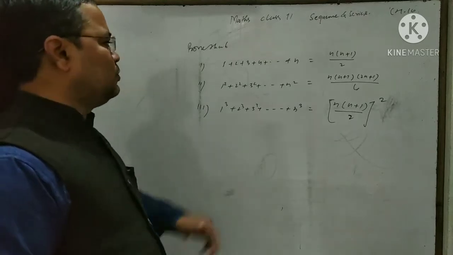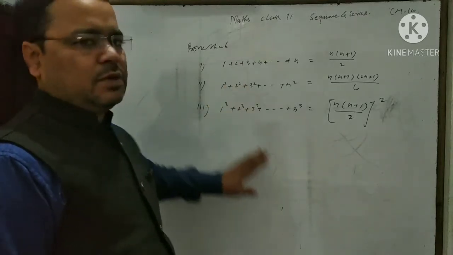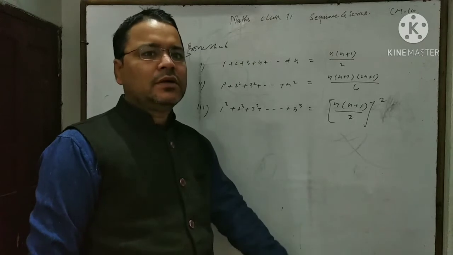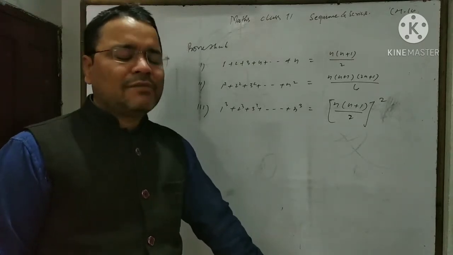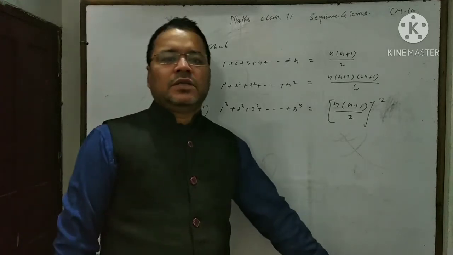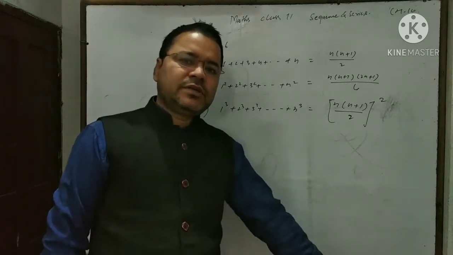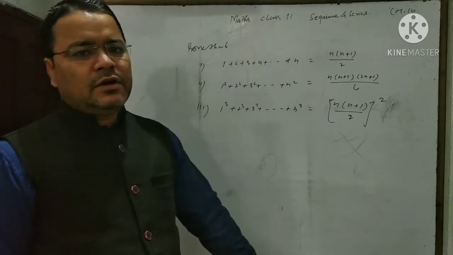We have to prove these. This is the last topic of our chapter sequence and series. After this, we will start the equation of the straight line, which is related to volume 2 of the mathematics book.